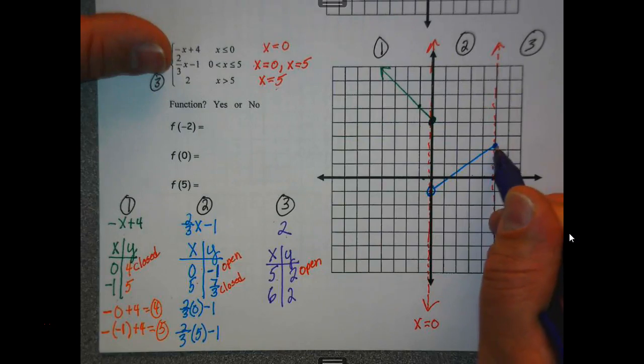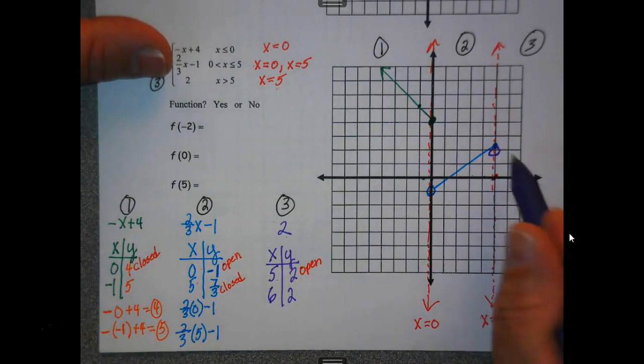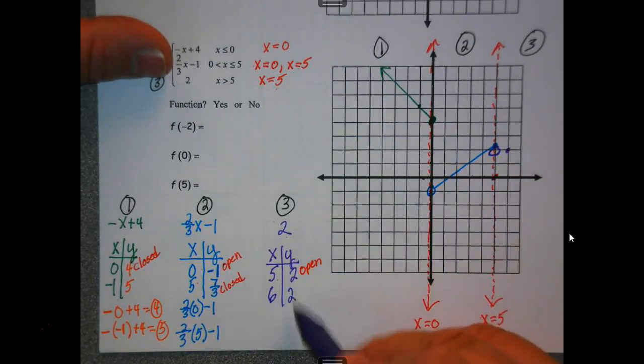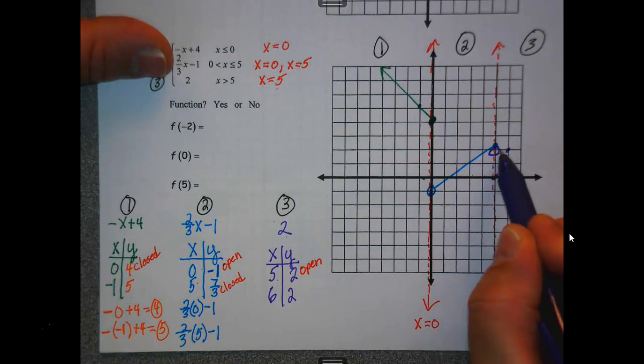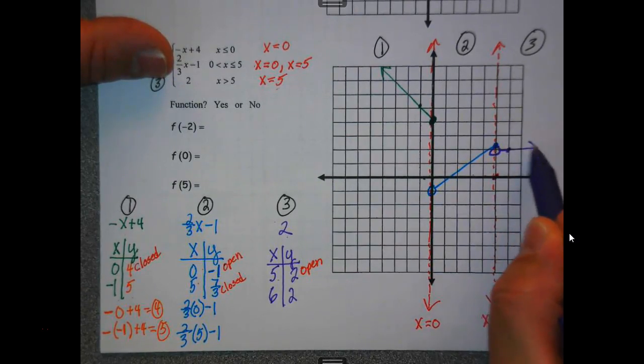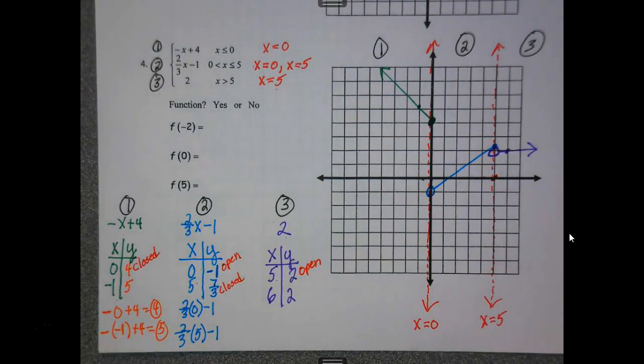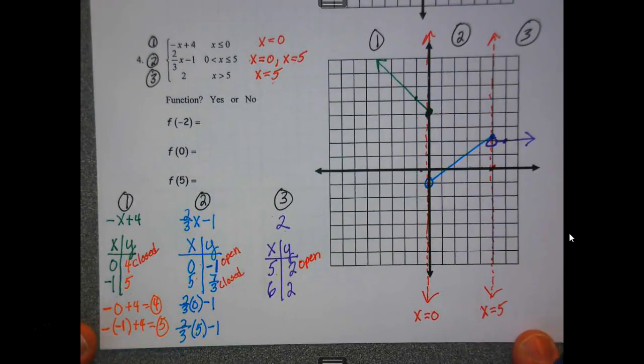It's an open circle. Then I have the point 6, 2. By the way, since I have same y values, this is going to be a vertical line at y equals.